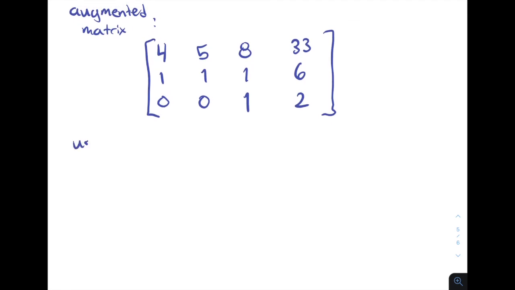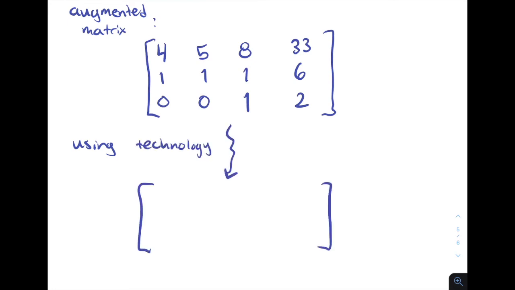Using technology to row reduce this, we get the reduced matrix 1, 0, 0, 0, 1, 0, 0, 0, 1, with the augmented column 3, 1, 2.